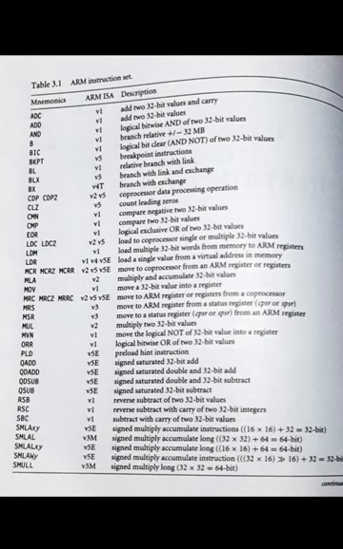In the following sections, we examine the function and syntax of the ARM instructions by instruction class: data processing instructions, branch instructions, load-store instructions, software interrupt instructions and the program status register instructions.